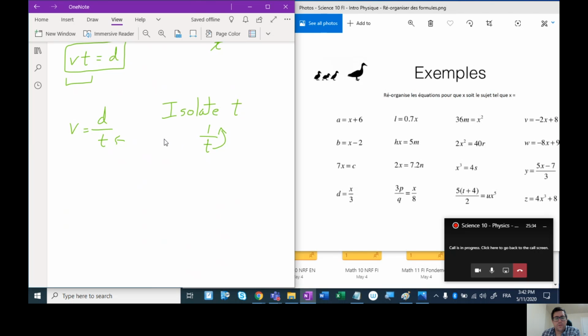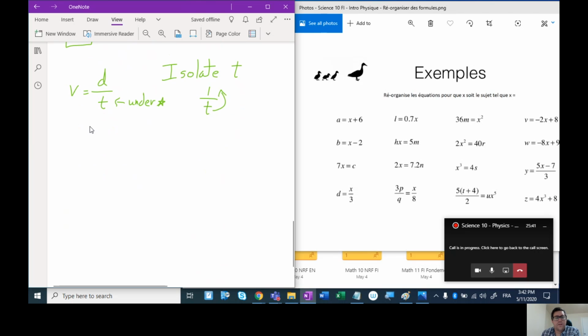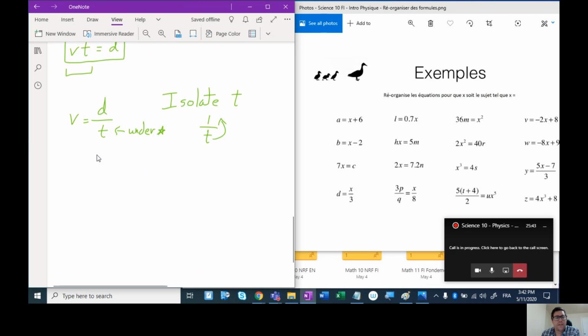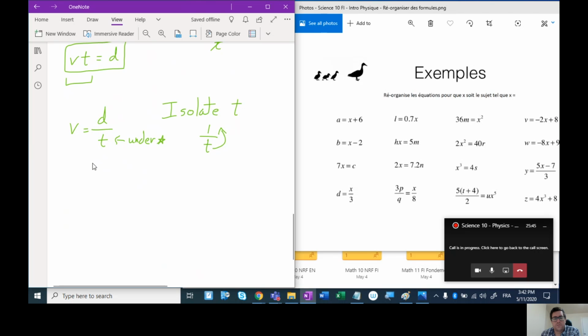Because it's under. Big problem. What can you do? You have to do something, and it's always the same thing. You times by T, or you times by the bottom. Let's see what that does when you do it.